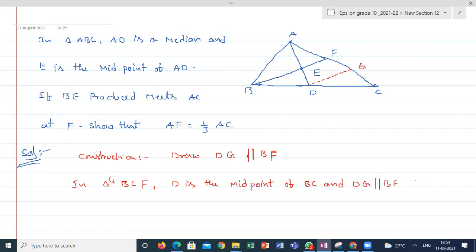So G is the midpoint. G is the midpoint. So it is a line segment joining a vertex to the midpoint of the opposite.